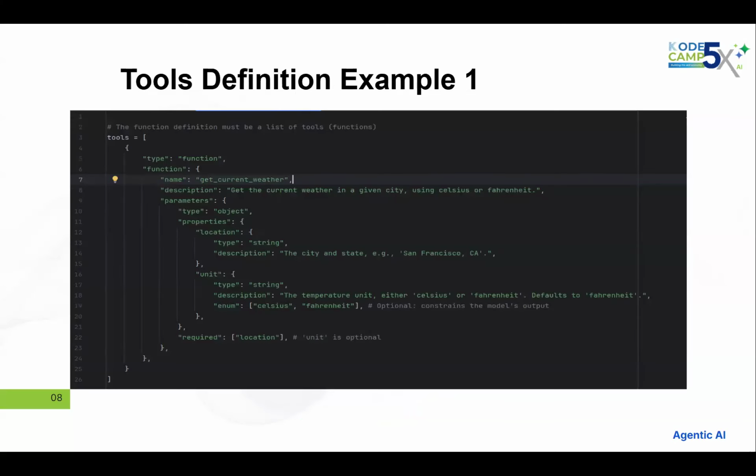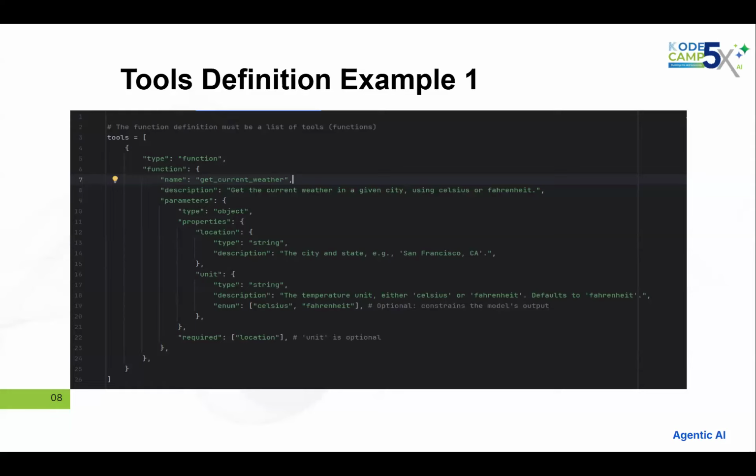Now, here is an example of a function definition. Here you see it's a variable, a JSON array that has, well, in this case, just one JSON object as a member.